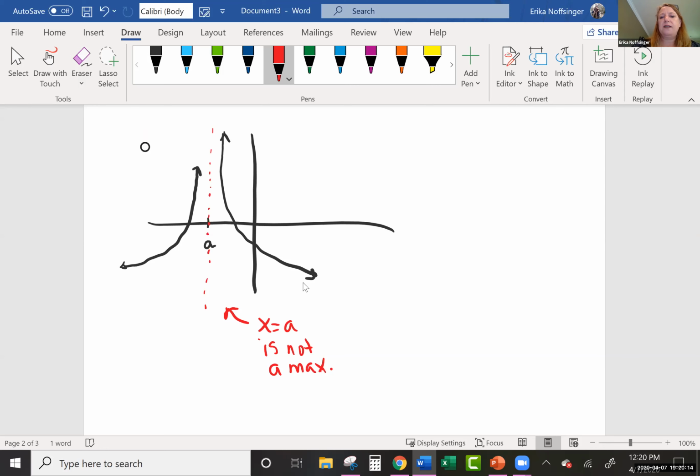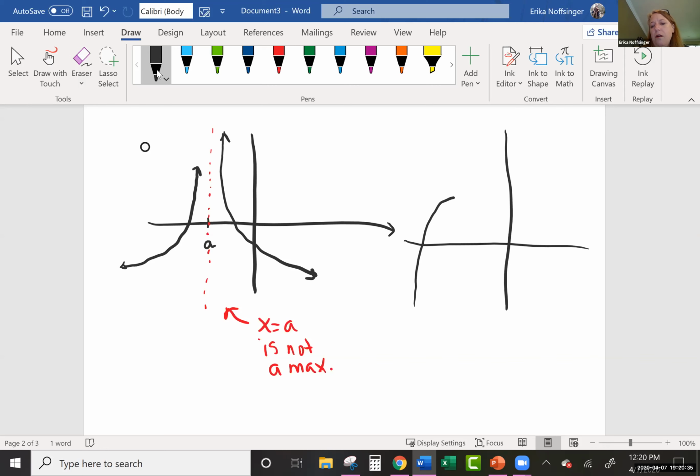It's also possible, and we're going to be finding out where these max and mins are, or where it's increasing or decreasing. Values would set our derivative equal to 0, right? Because we saw that max and mins always occurred unless it was on the endpoint of an interval where it was increasing or decreasing.